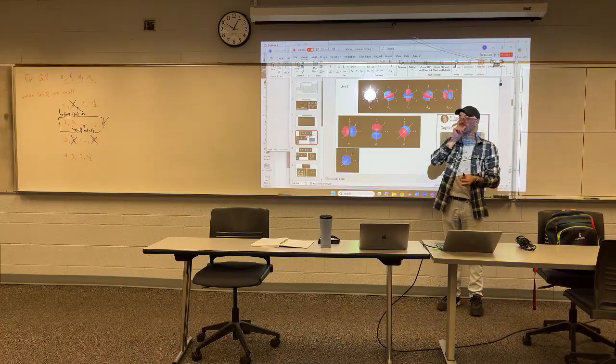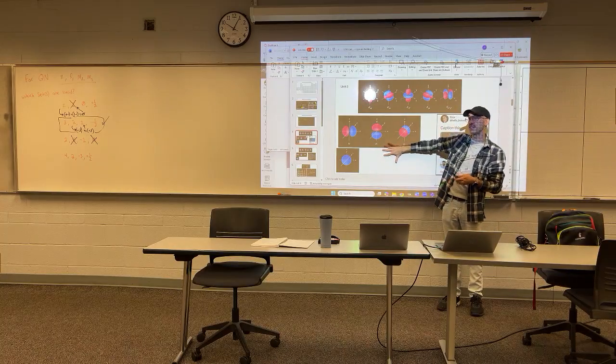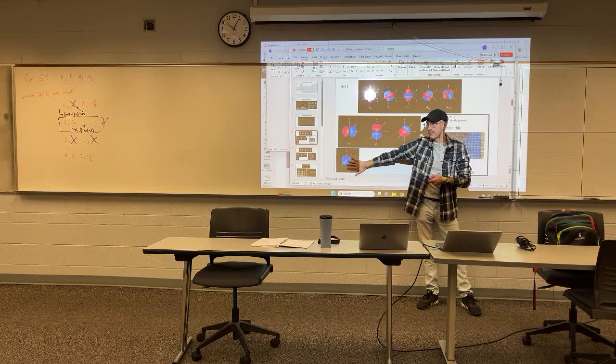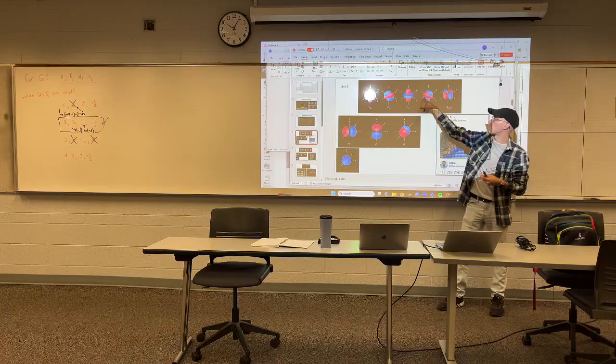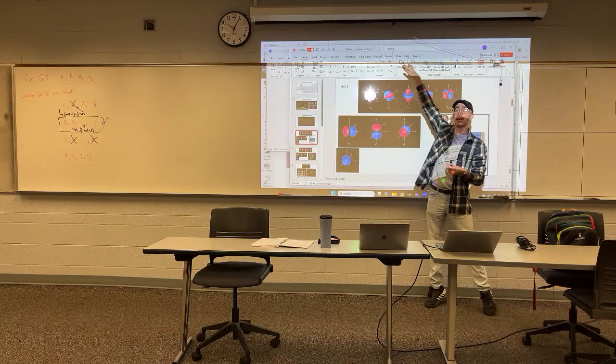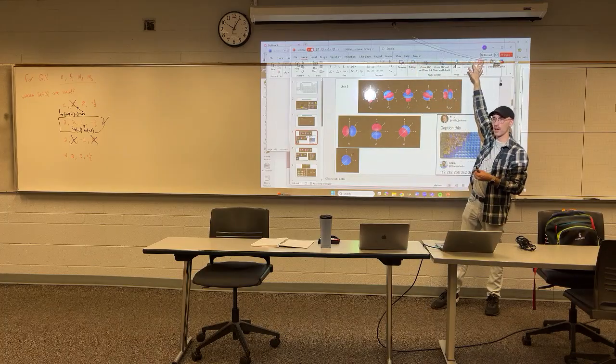So if you are in, Lizzie, n equals 7, you have an orbital that looks like a sphere, 3 orbitals that look like these propellers, 5 orbitals that look like this, 7 orbitals that look like F, which is just more complicated.